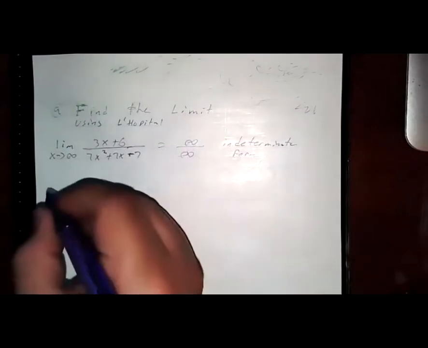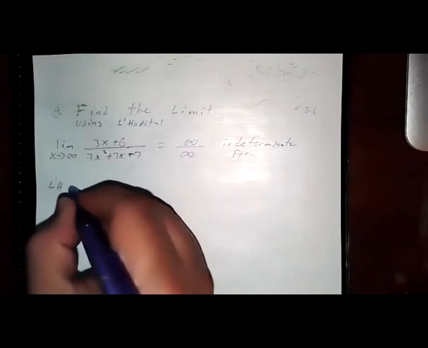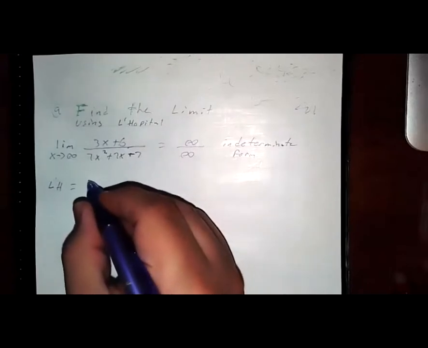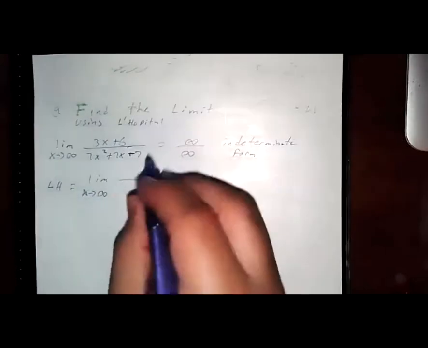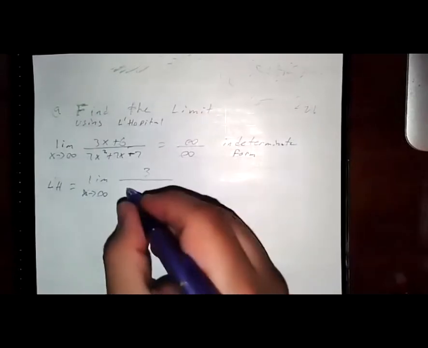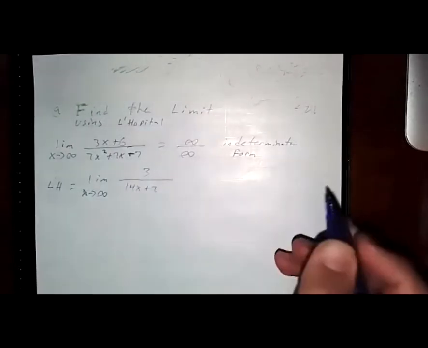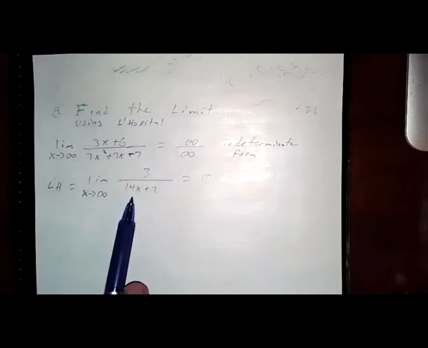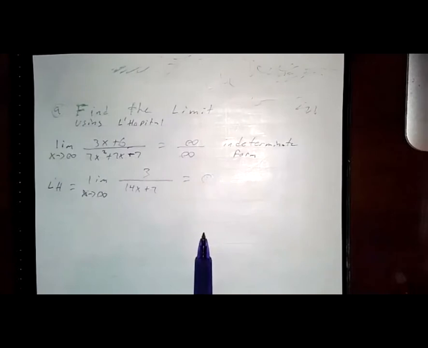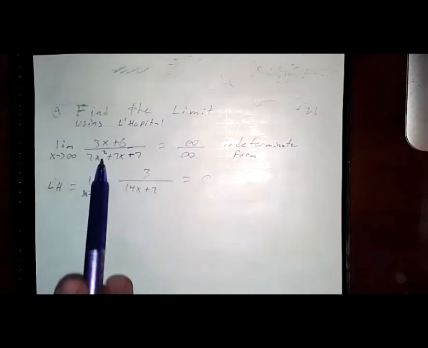L'Hopital's rule would be you take the derivative of the top and bottom, and then you see if you're able to take the limit at that point. The limit would be 0, right? Because the bottom is growing faster. It's going to infinity. We can kind of already see that here, but they want us to do L'Hopital. There it is.